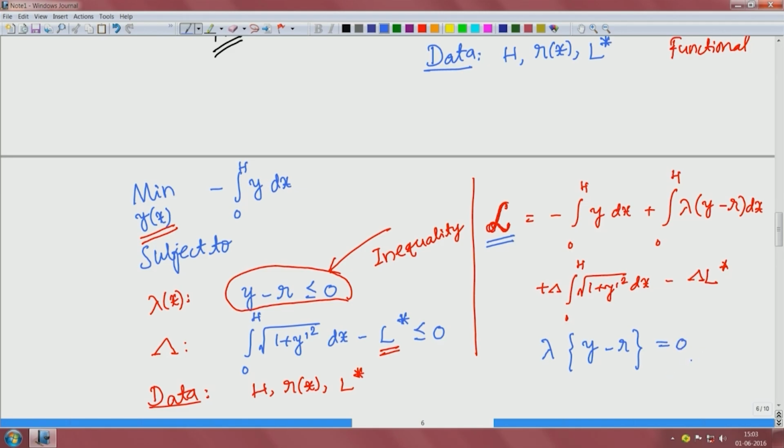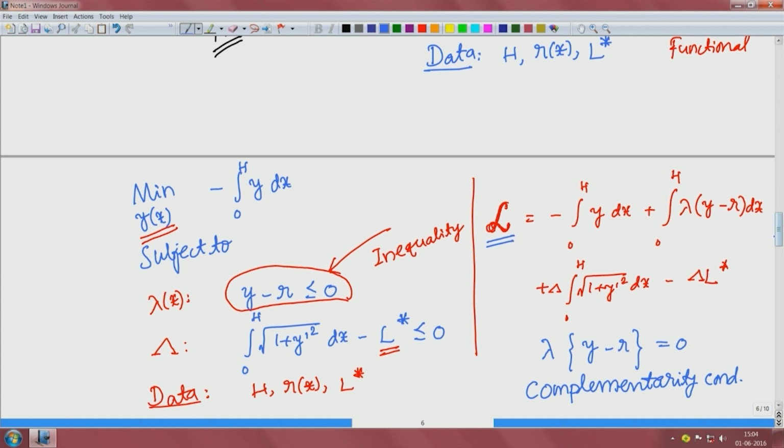Again this is applicable for all points in the domain x1 to x2. This is called the complementarity condition. That means that either lambda is 0 or y minus r is 0 at different points in the domain from 0 to h in this problem.